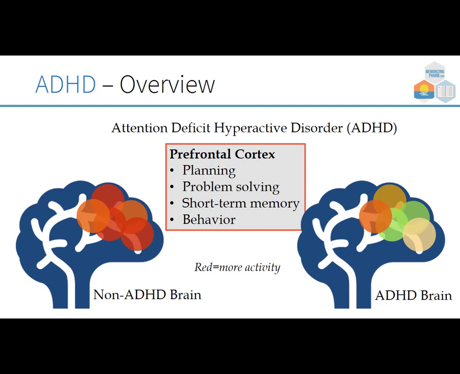And what we want to do is see if we can help improve focus and allow them to plan, problem solve, remember, and improve their behavior. So the animation is basically saying there is a lot more activity in the non-ADHD brain regarding these 4 big caveats.